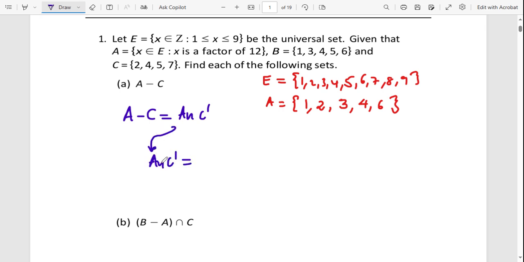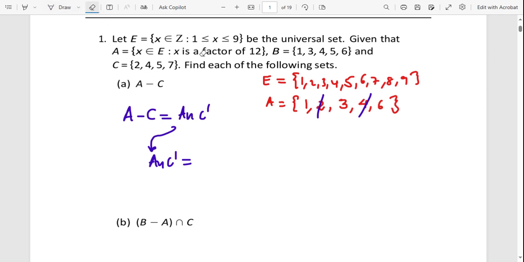If you want, you can first find C complement and then see where it meets with A. Another way is to go in the set A and remove all the elements that you can see in the set C. That's the meaning of A minus C. So in the set A, I'm going to remove 2 because it is in C, and I remove 4 because it is in C. Those are the only ones. So what remains is A minus C, that is 1, 3, and 6.